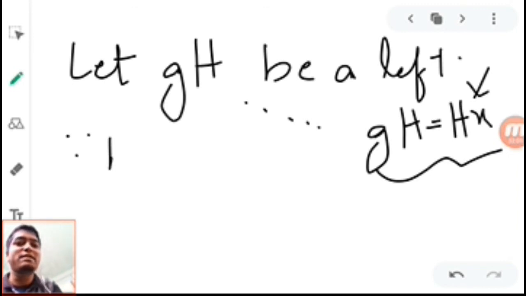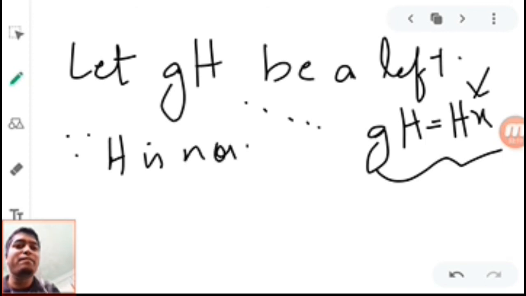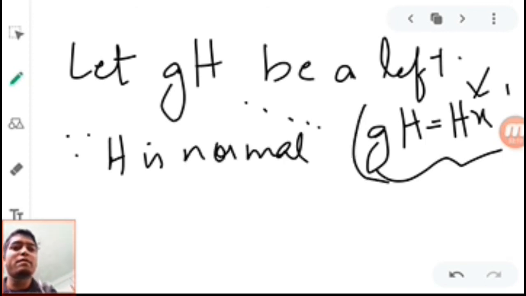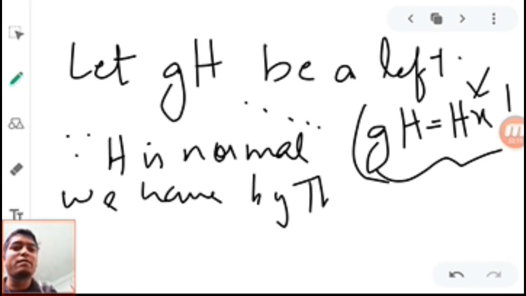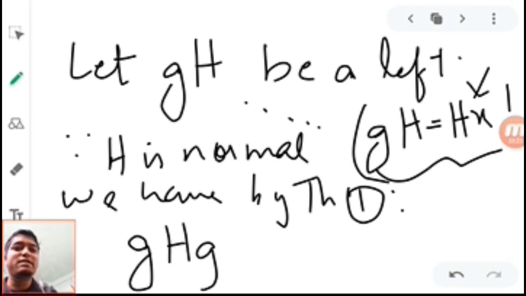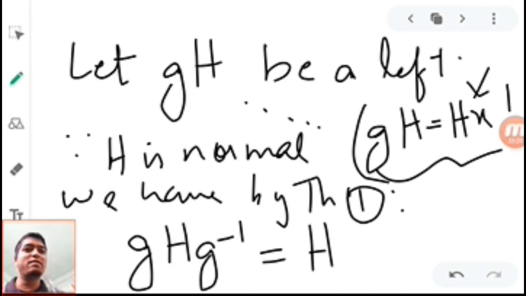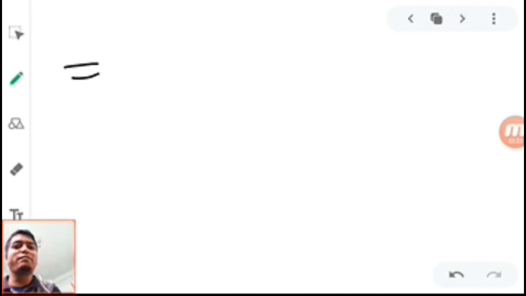Since H is normal, we have by theorem 1 gHg inverse is equal to H. So by theorem 1 we have that.